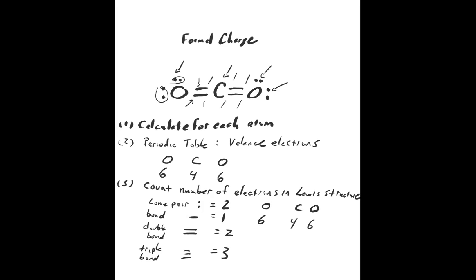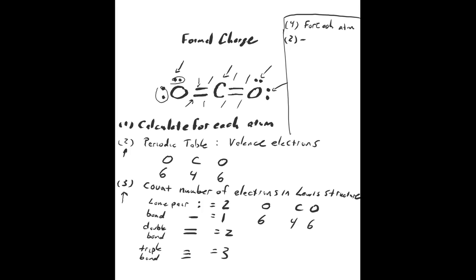Okay, let me do it over here, since I'm running out of room. So I'll write this as step 4. Step 4 is very simple. For each atom, again, you're doing this for each atom, you take the number of valence electrons, which we did as number 2 right here, and you subtract the number of electrons in the Lewis structure.